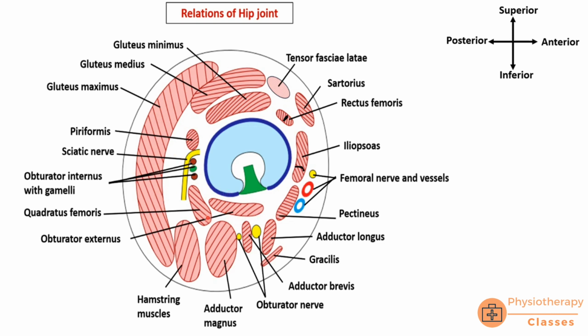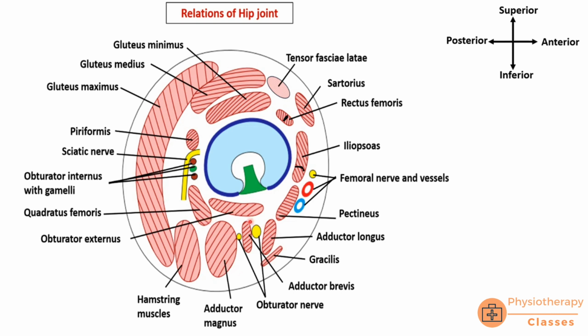Coming to inferior relations, if we see here, part of the pectineus will come, obturator externus. That will be coming, and still outside that we will have the adductor group of muscles, and we will also have the hamstring muscles. So they are a little away from the hip joint, but immediate inferior relations will be pectineus, obturator externus, and part of quadratus femoris.